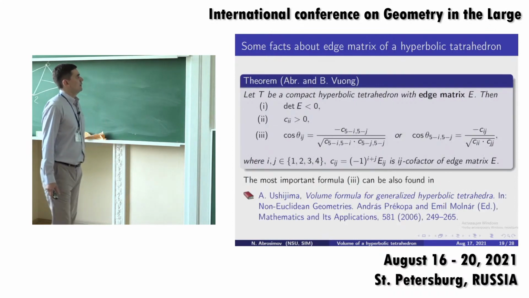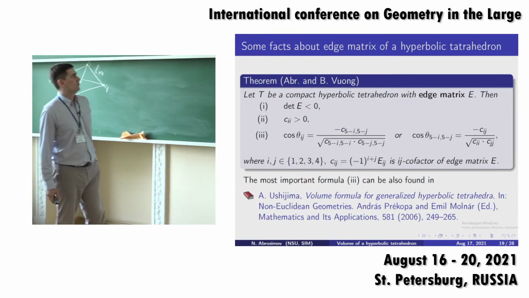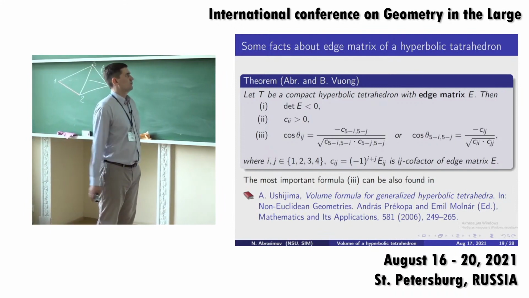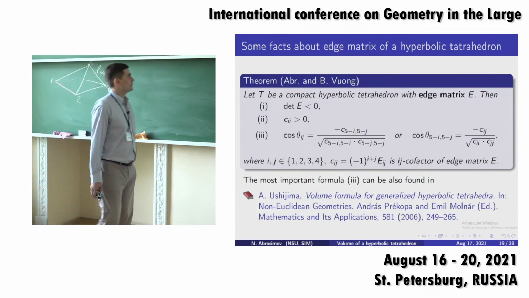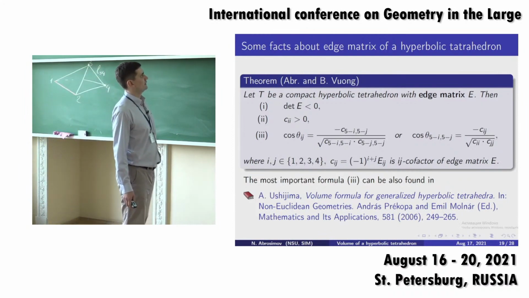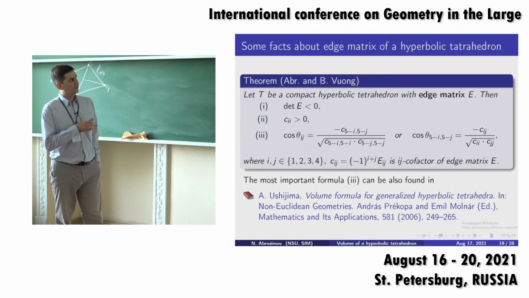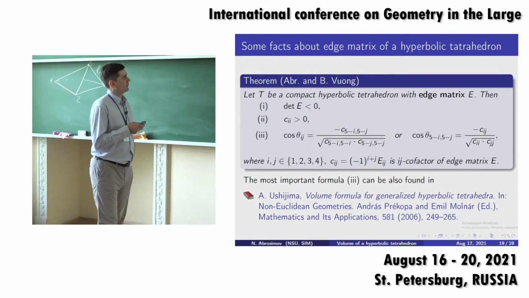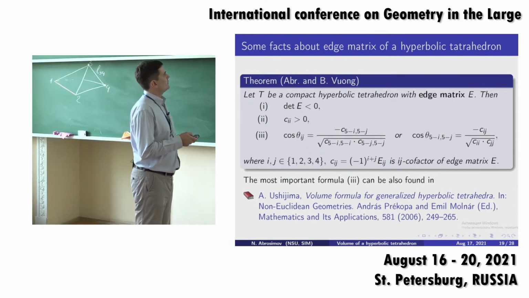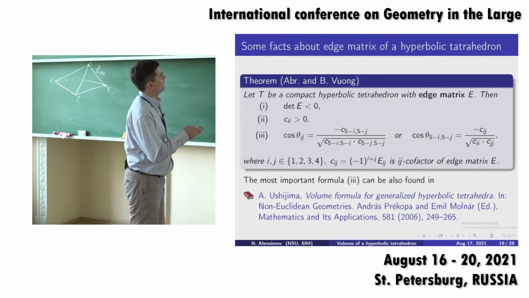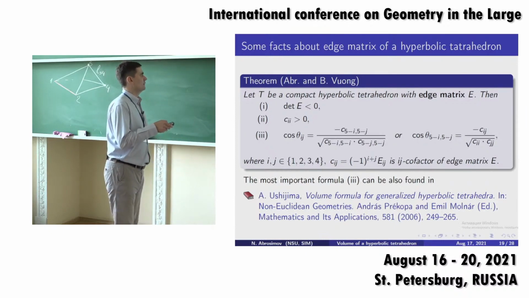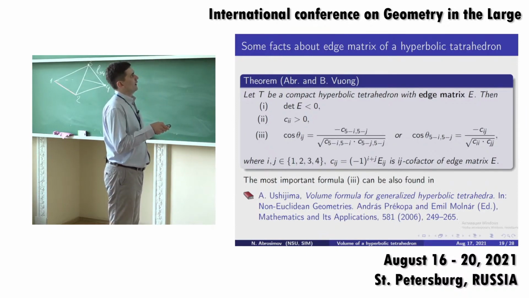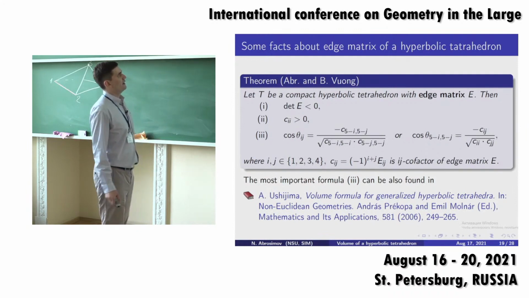Then we prove the analogous properties of the edge matrix of a hyperbolic tetrahedron, as we saw before for the Gram matrix, right? And the most important part is this expression for the cosine of diagonal angle in terms of cofactors of the edge matrix now.